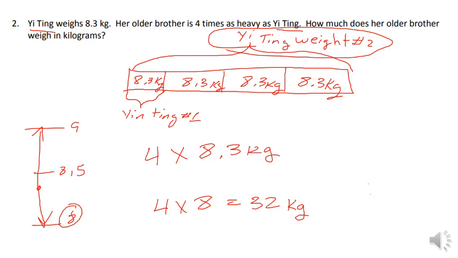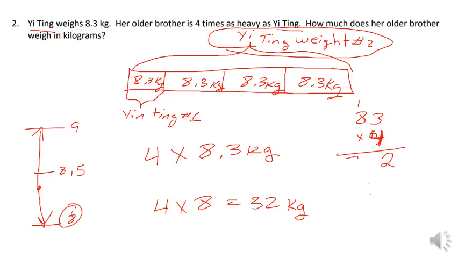Now let's see how that helped us. Okay. Well, if I just did away with the decimal point, and I did 83 times 4. Well, 4 times 3 is 12. We're carrying our 1. 4 times 8 is 32.